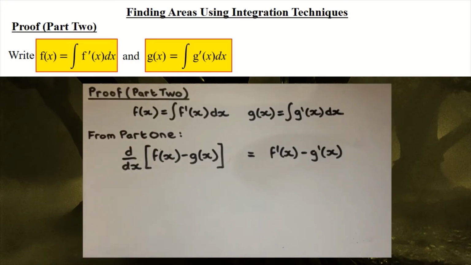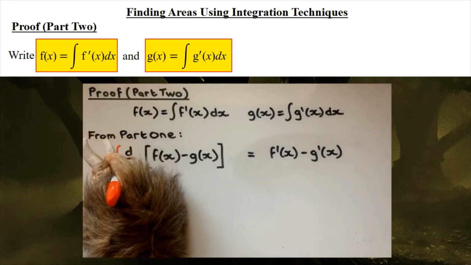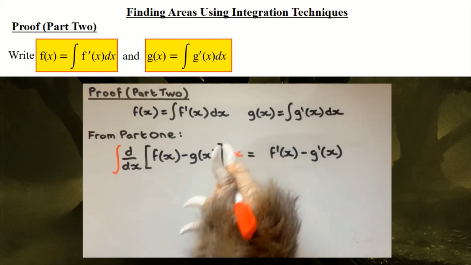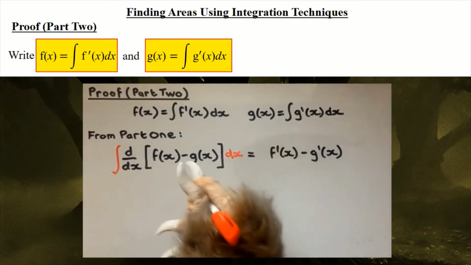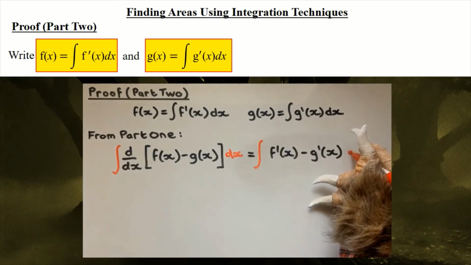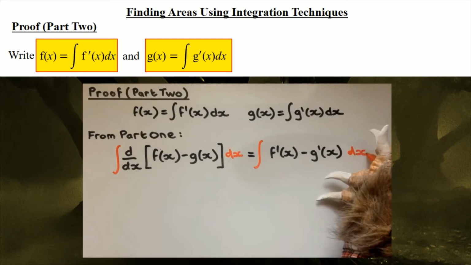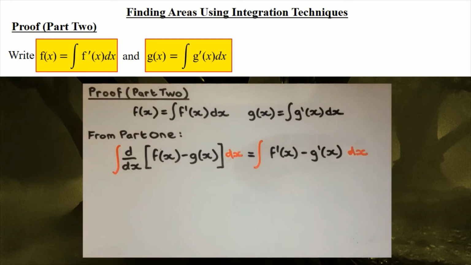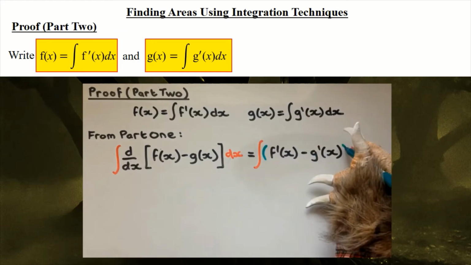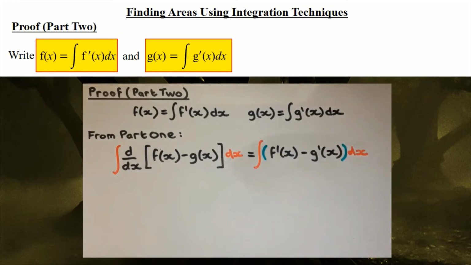So if I integrate, integral sign at the front, a dx, integrating with respect to x of course, all of that on the left must be equal to the integral of everything on the right hand side. And just so we're clear, I think we should put the integrand on the right hand side in brackets because we have two terms there. That's going to be f of x subtract g of x.